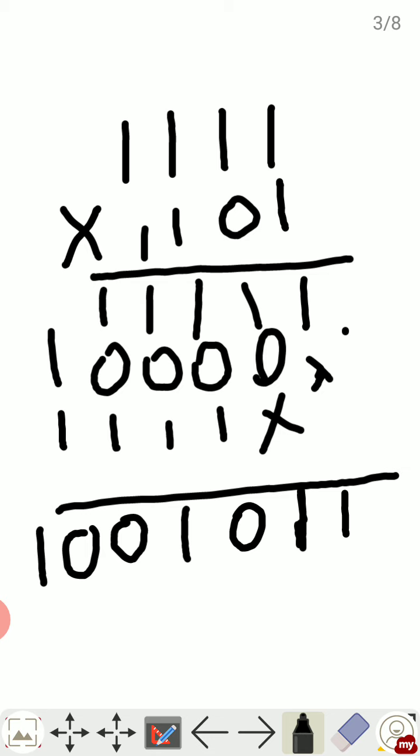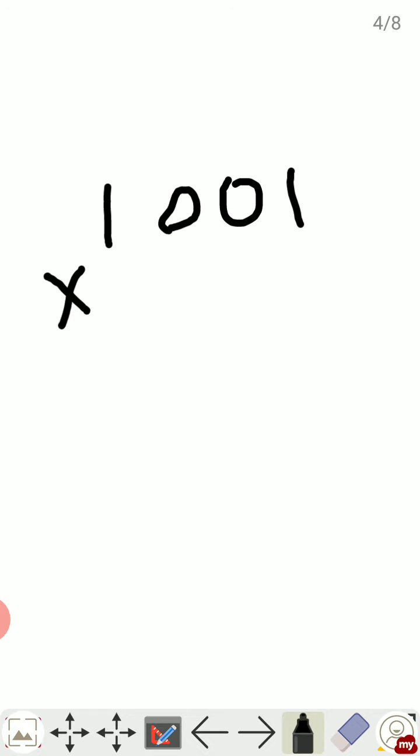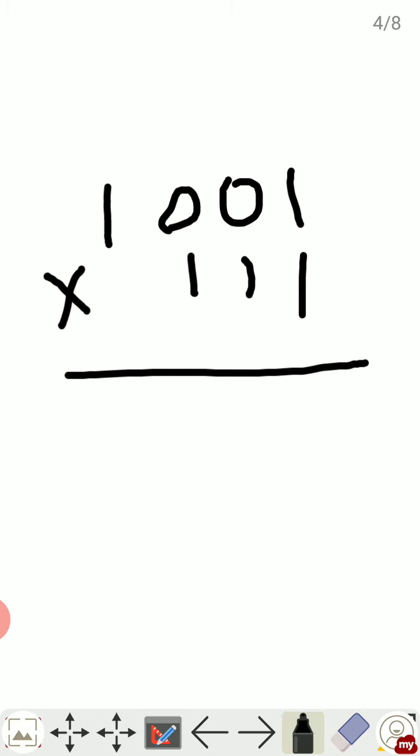Let's take one more example. The multiplication process rules are same, but where we have to do addition, there we have to follow the rules. Let's take one more example. 1001 into 111. So 1 ones are 1, 1 zeros are 0, 1 zeros are 0, 1 ones are 1.